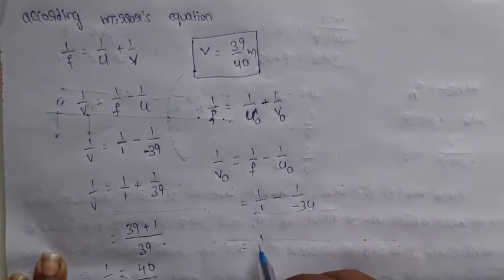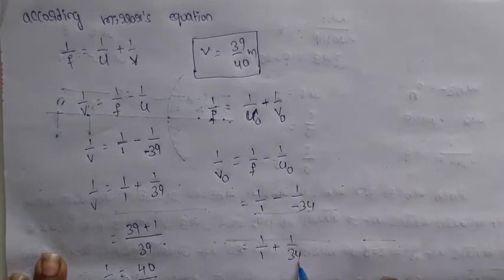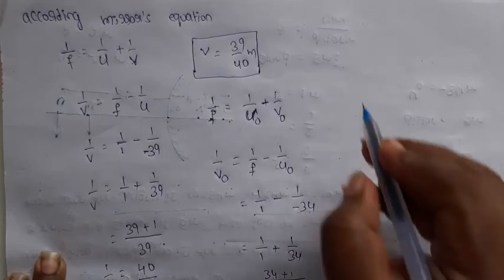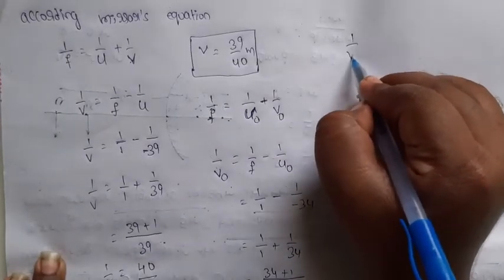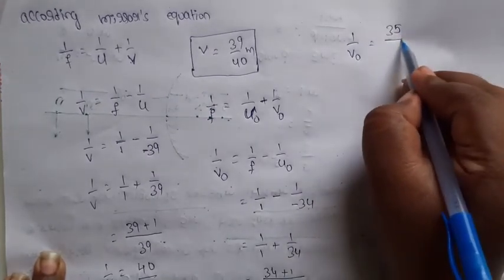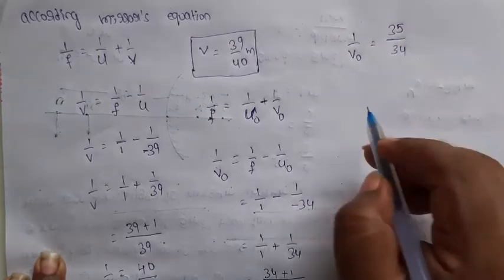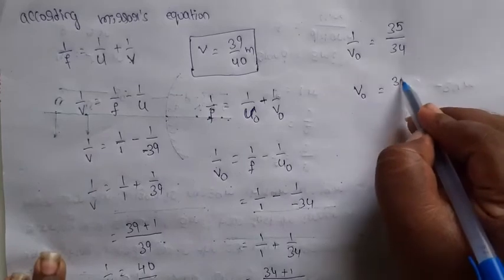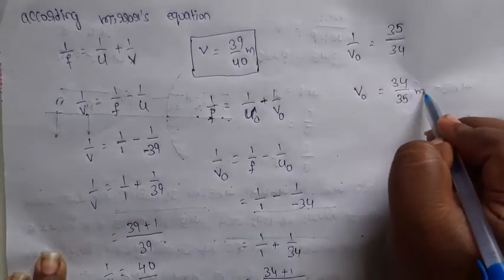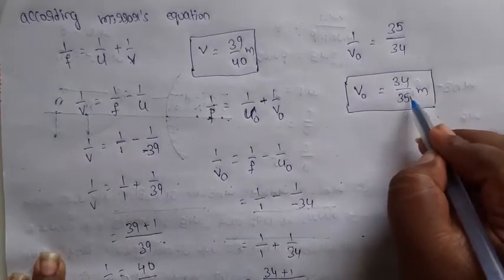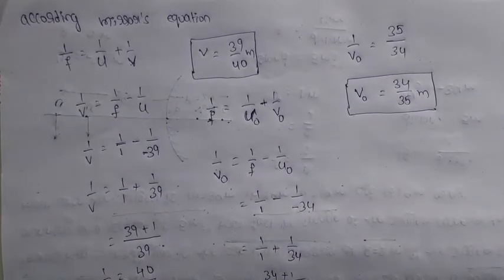Minus into minus plus 1 by 34. LCM is 34. Here 34 plus 1. 1 by v naught equal to 35 by 34. I want v naught value. So 34 by 35 meter. So v naught value is 34 by 35 meter.